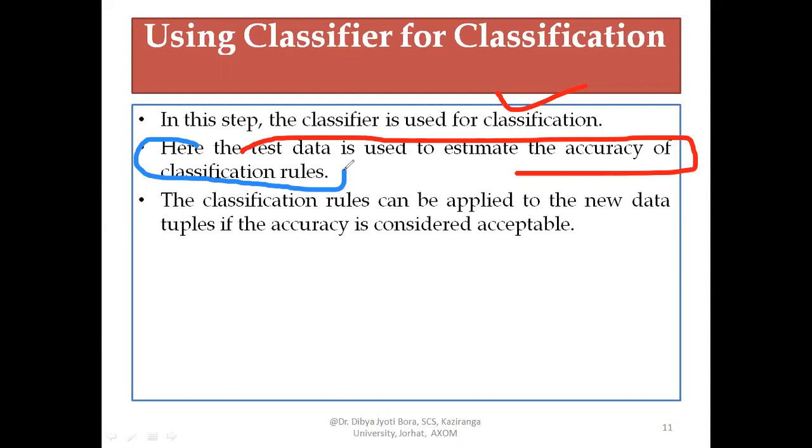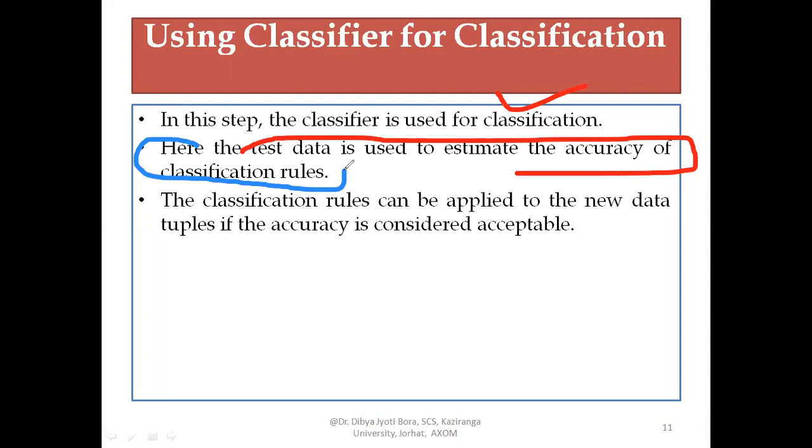From which part of data have we derived the classification rules? Can you answer me quickly? Okay, so no answer. So just to remind you, that was training data. That was the training data from where we derived the classification rules.